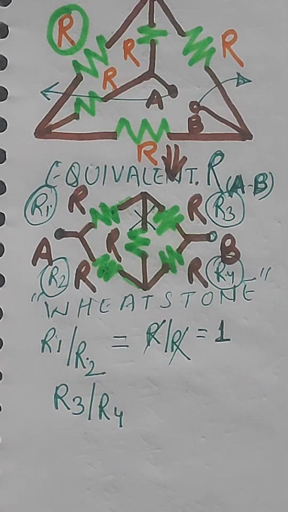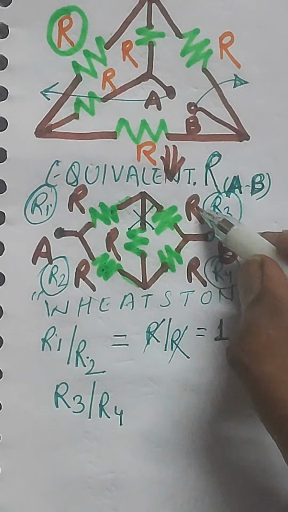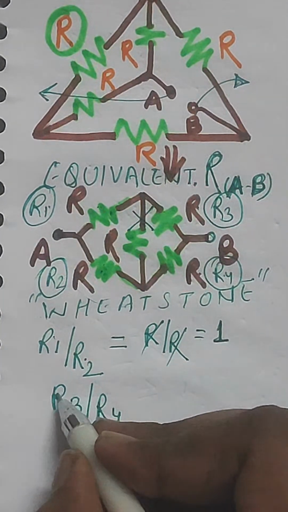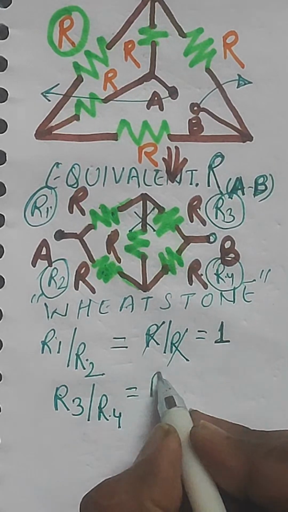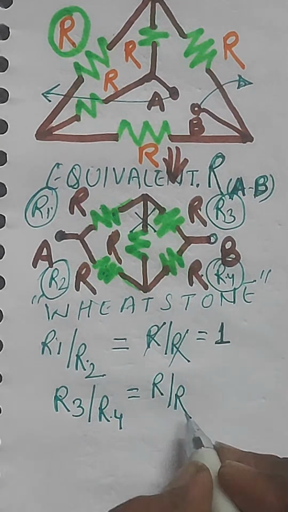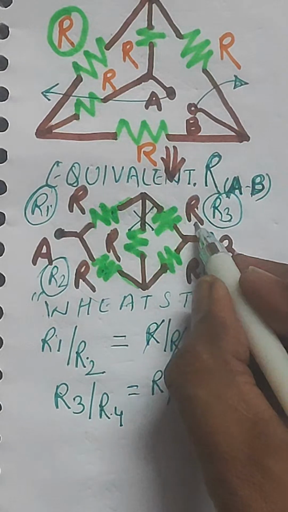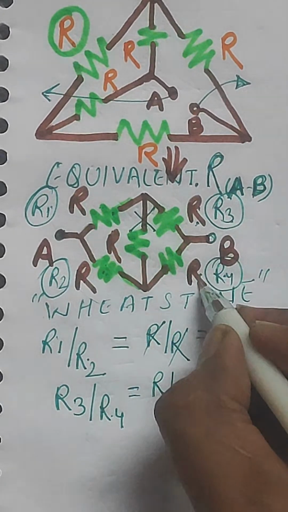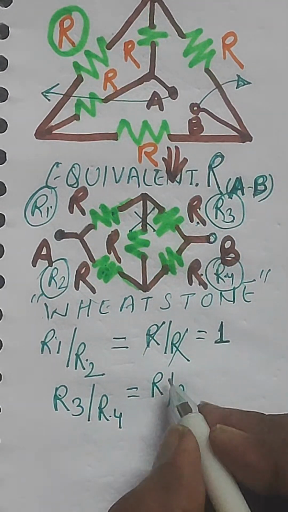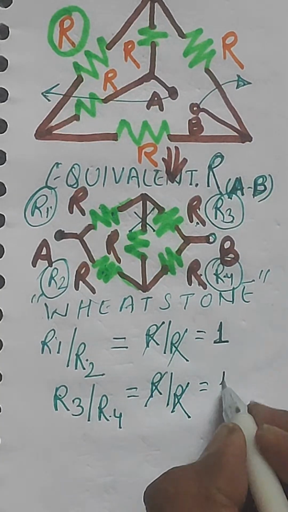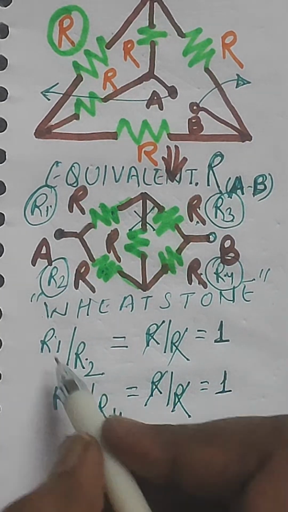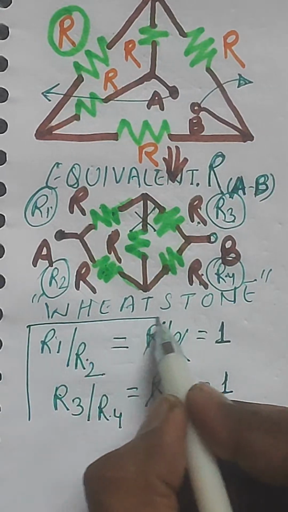Similarly, the ratio of R3 by R4 is also R by R, because R3 is this one and R4 is this one, and R and R will be cancelled and this will be 1. This was the condition for the Wheatstone bridge.